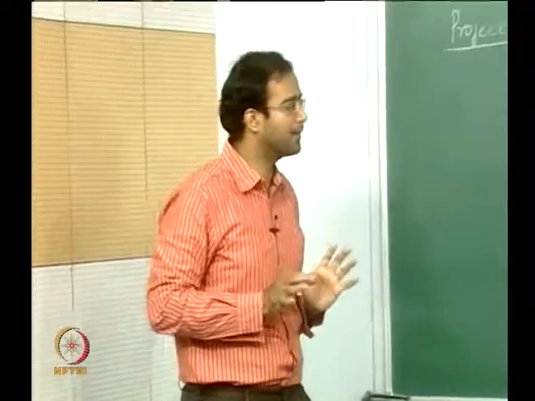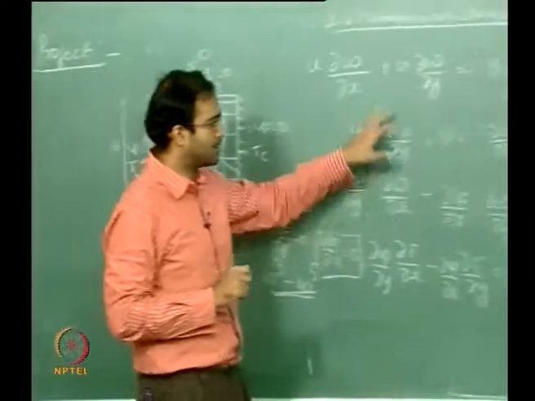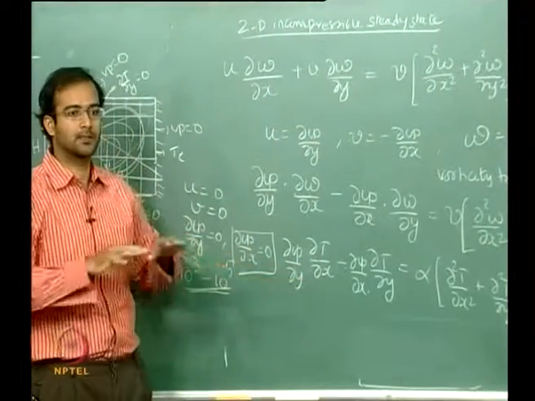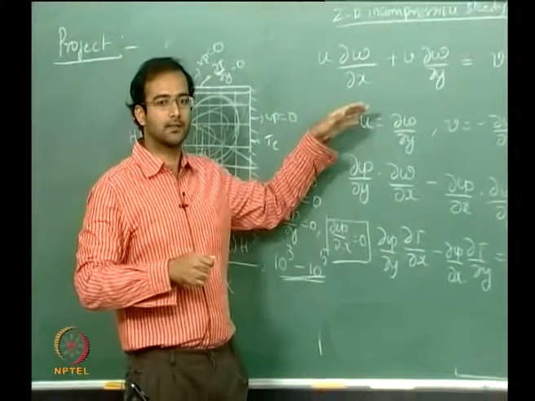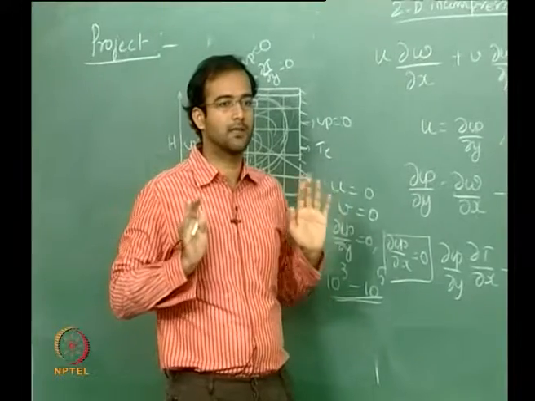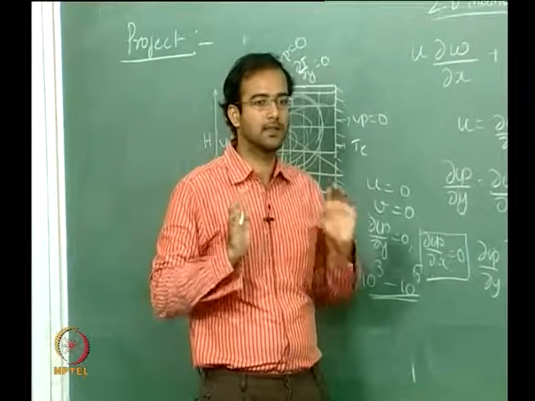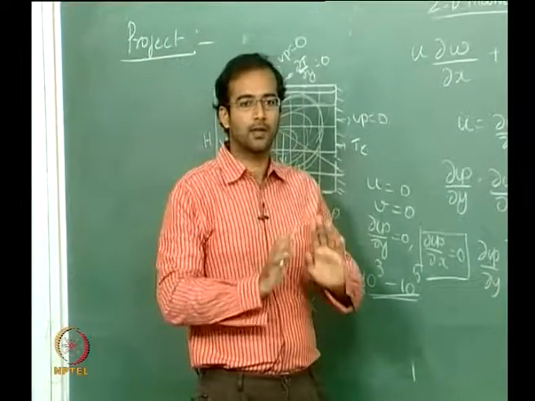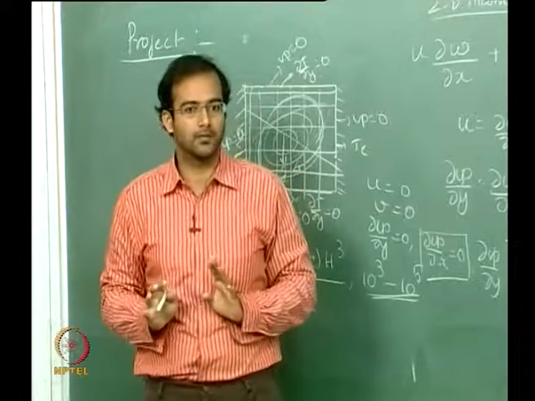It's very straightforward, you just have to construct the finite difference expressions, and you will be converting the partial differential equation into a set of algebraic equations. That is the method by which you numerically solve differential equations.